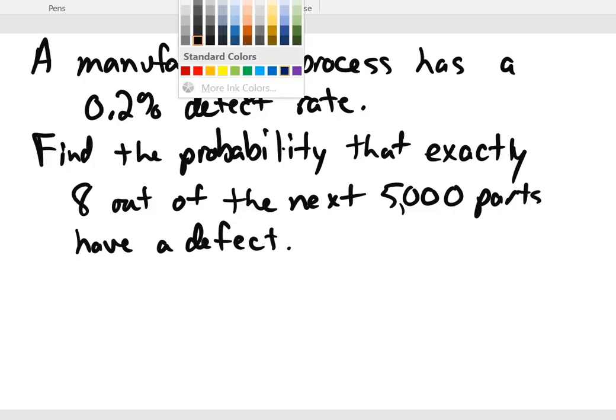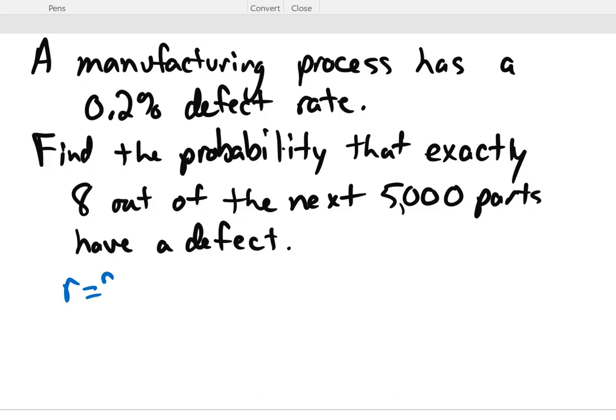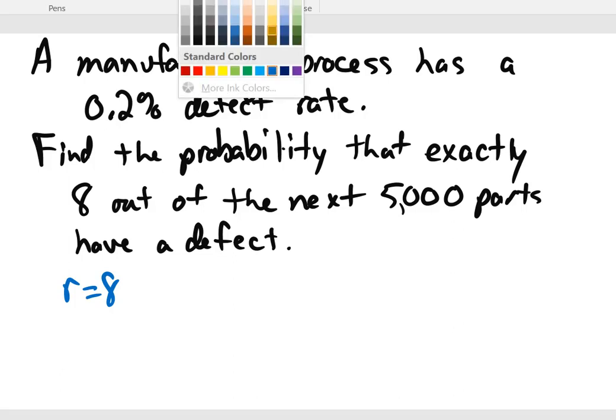So here r is going to equal 8. The total 5,000 doesn't become a parameter, but it does affect lambda.